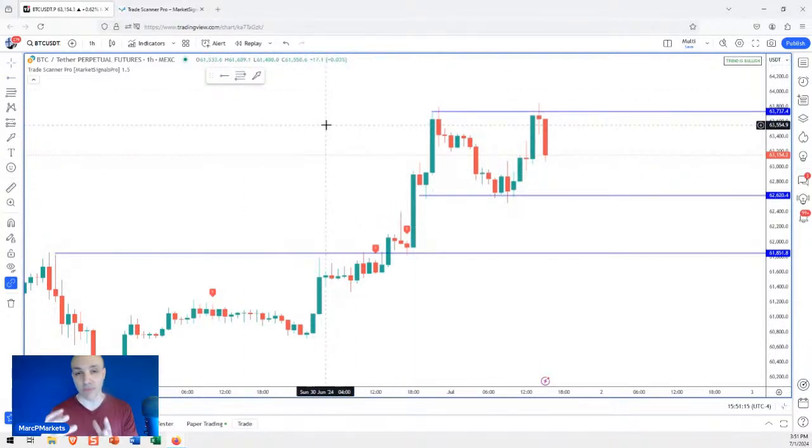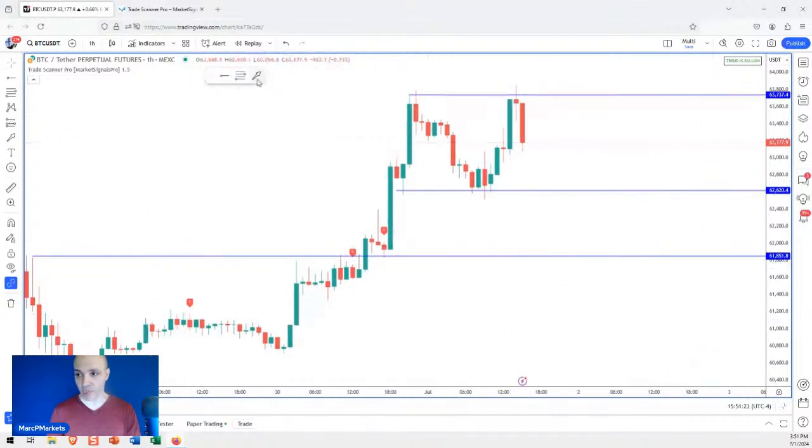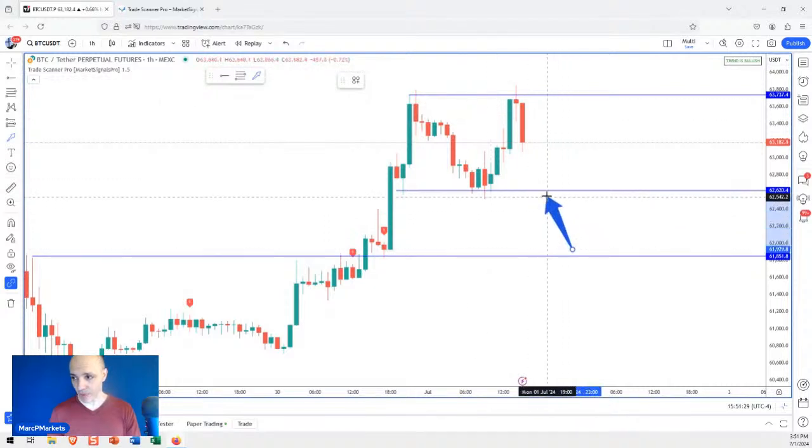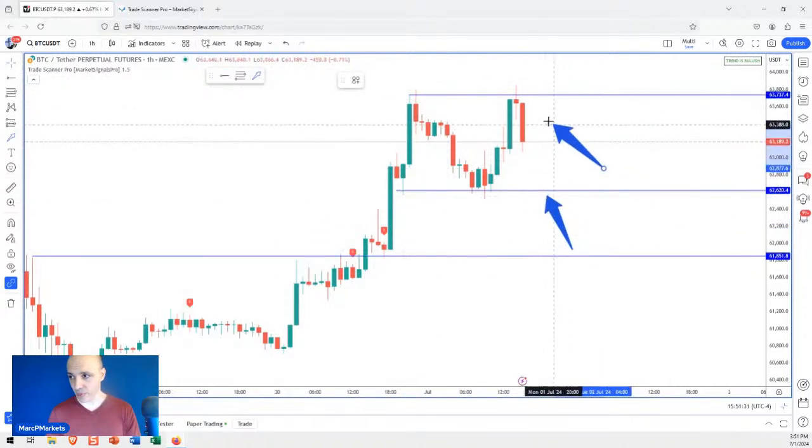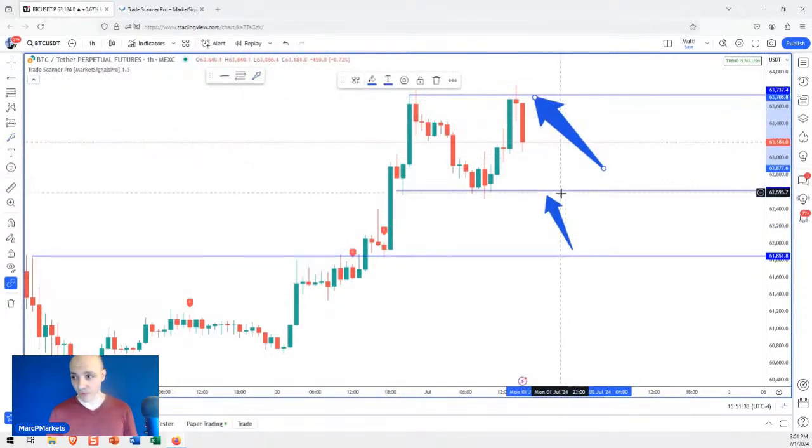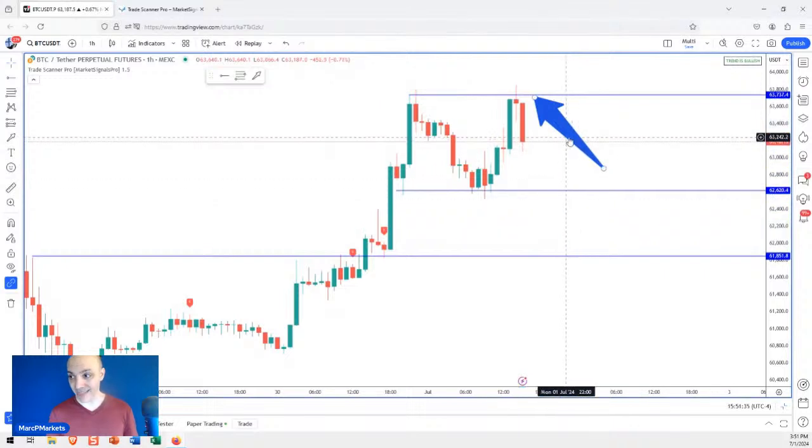Those are reversal points. I can use fibs as well, but I'm not going to do that here. I'm just going to use these historical points because there was previous price action at these points, right? So right now at this moment, this is my support and this is my resistance for my 1 minute time frame. That's it.